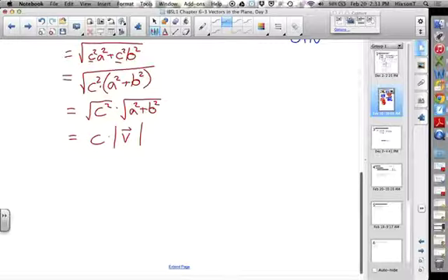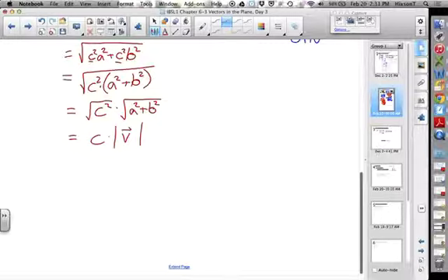If this is the magnitude of v, if we're multiplying that vector by a constant, we can just multiply the magnitude by a constant. So if I know the magnitude is 10, and I wanted the vector to have a magnitude of 50, I could just multiply that vector by 5.